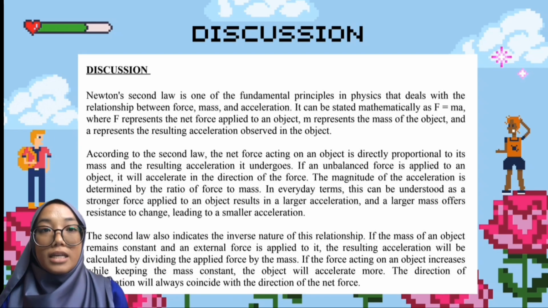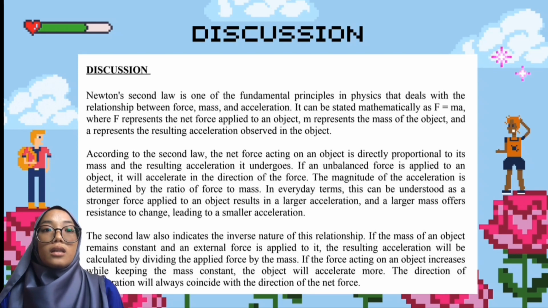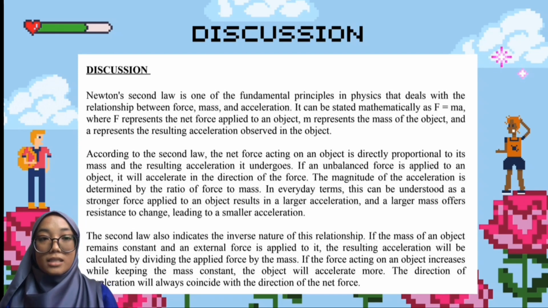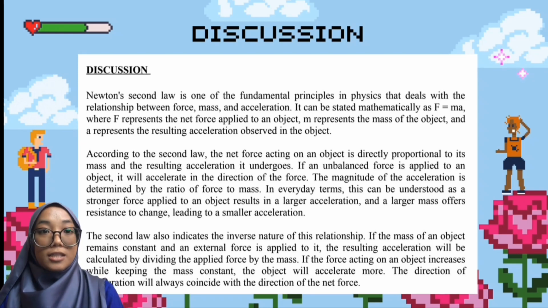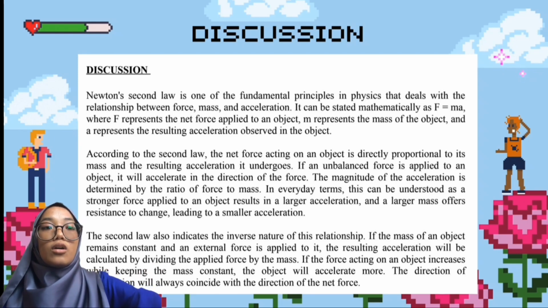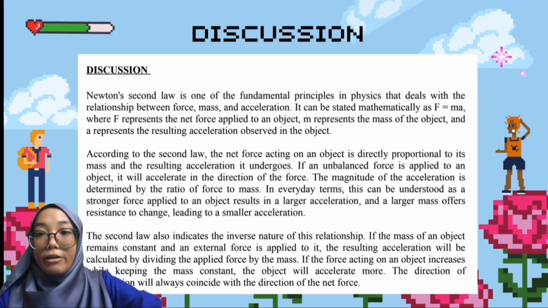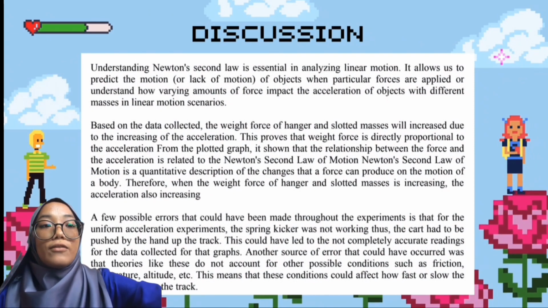If the mass of an object remains constant and an external force is applied to it, the resulting acceleration will be calculated by dividing the applied force by the mass. If the force acting on an object increases while the mass is constant, the object will accelerate more. The direction of acceleration will always coincide with the direction of the net force.